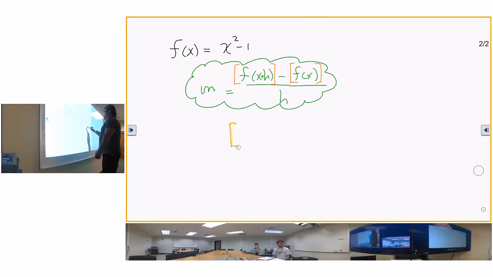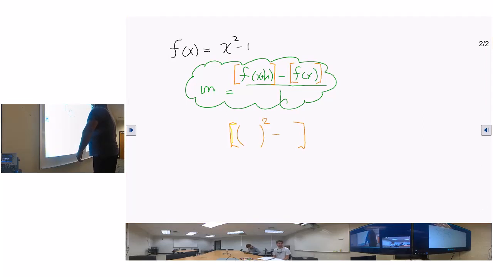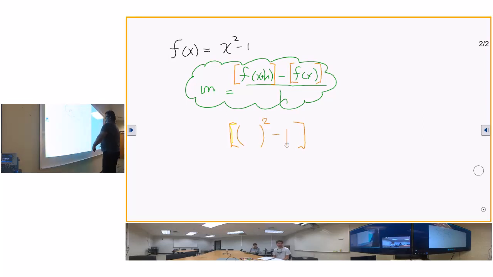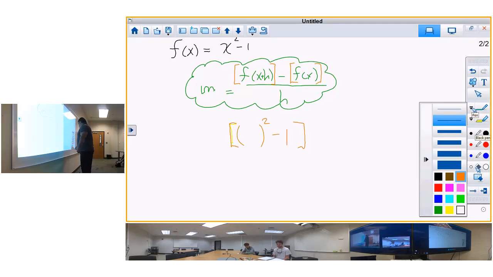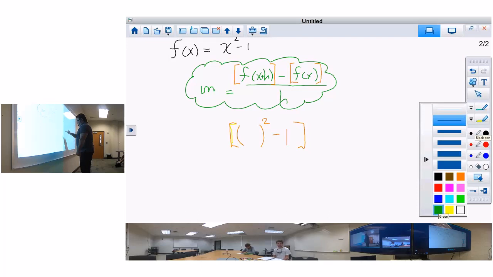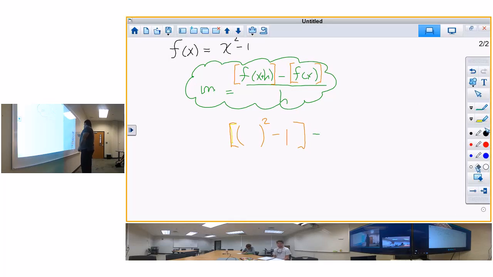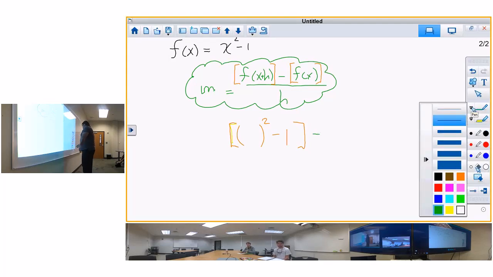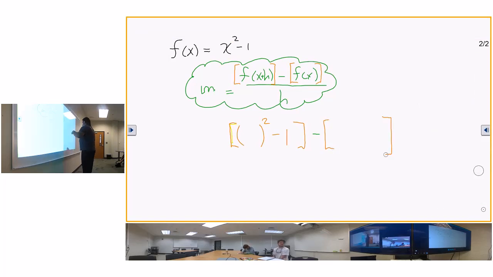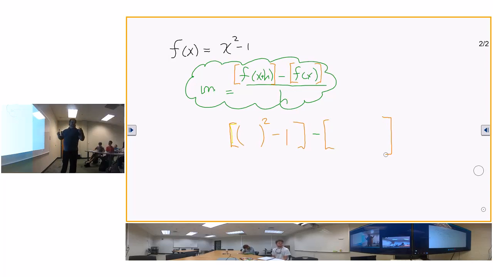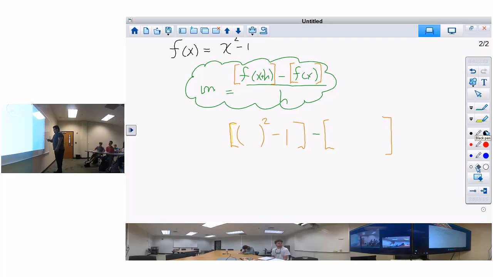There we go, and I'm going to put in here parentheses x squared minus 1, minus, the things I do for y'all, minus. There's a way you can set the two styluses to different colors, but we'll take care of that in training.